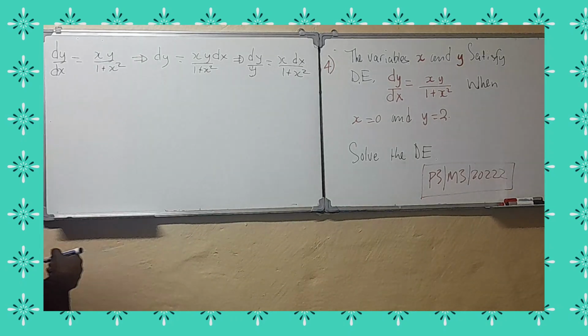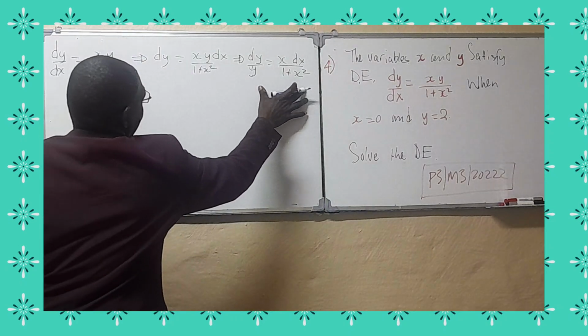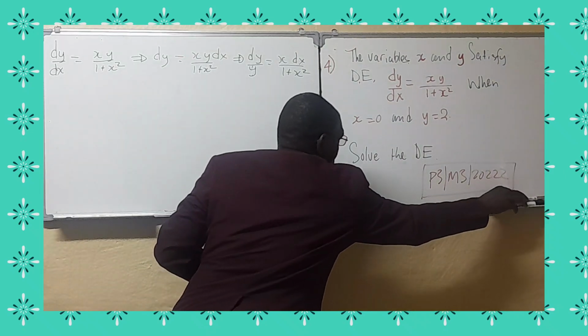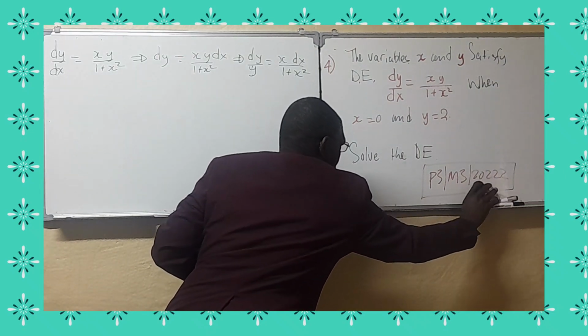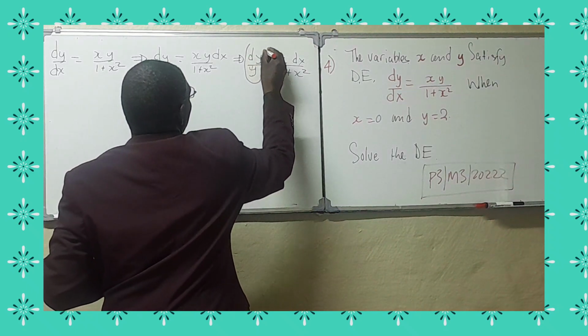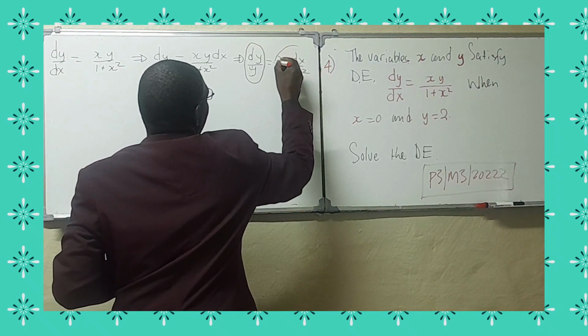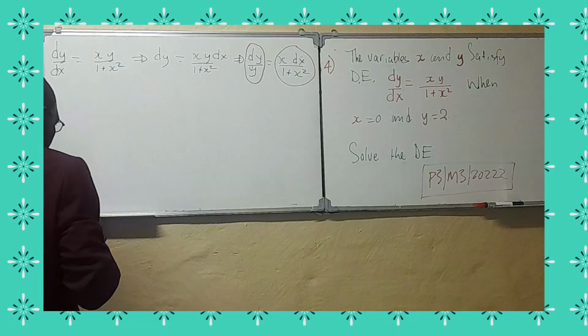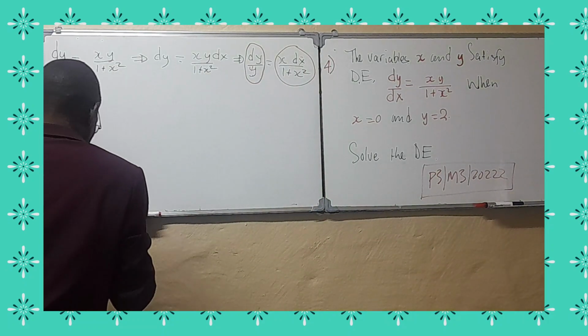Our next step now is to integrate both sides. We integrate this side with respect to y, and we are going to integrate this side with respect to x. So let's proceed and see what happens.